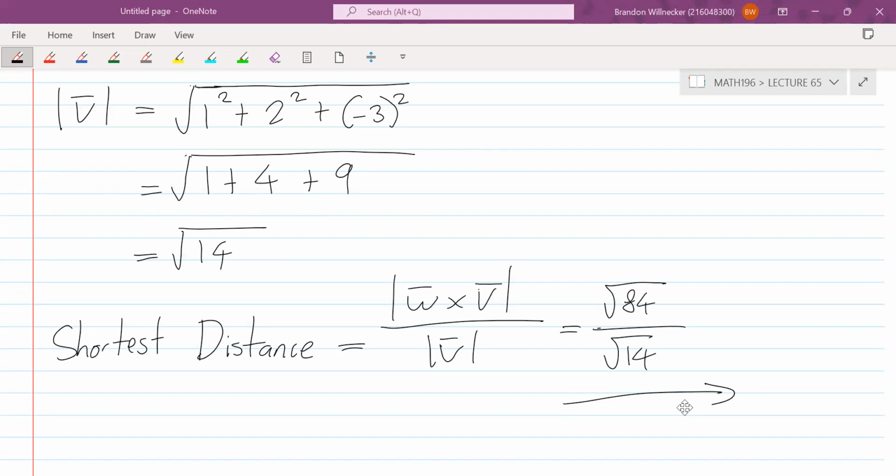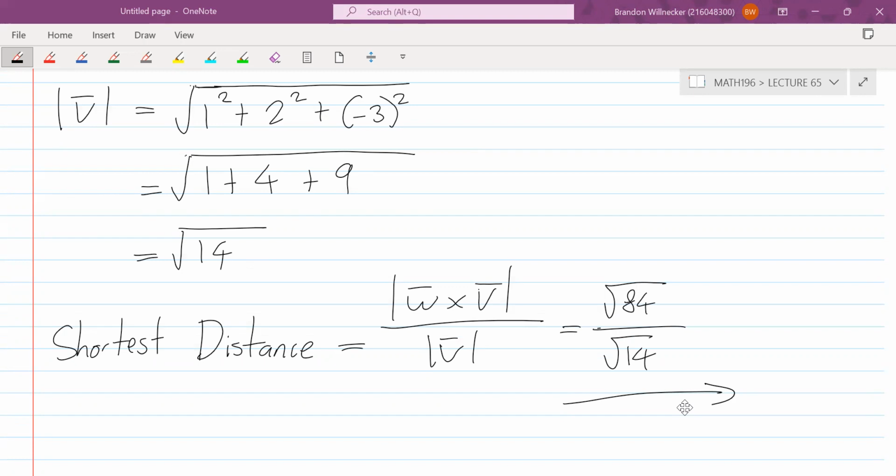Okay, any questions on this example? Okay, so that's between a point and a line.